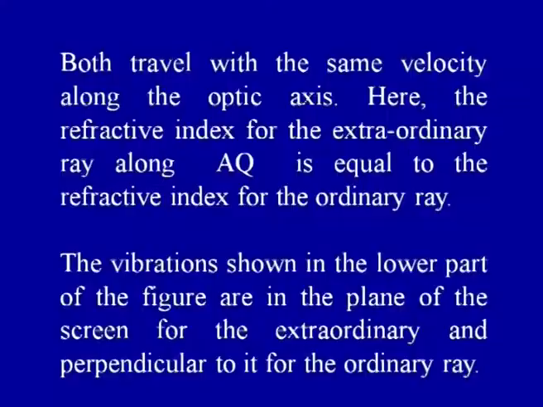Both travel with the same velocity along the optic axis, remember, which is the symmetry axis. Here the refractive index for the extraordinary ray along AQ is equal to the refractive index for the ordinary ray.